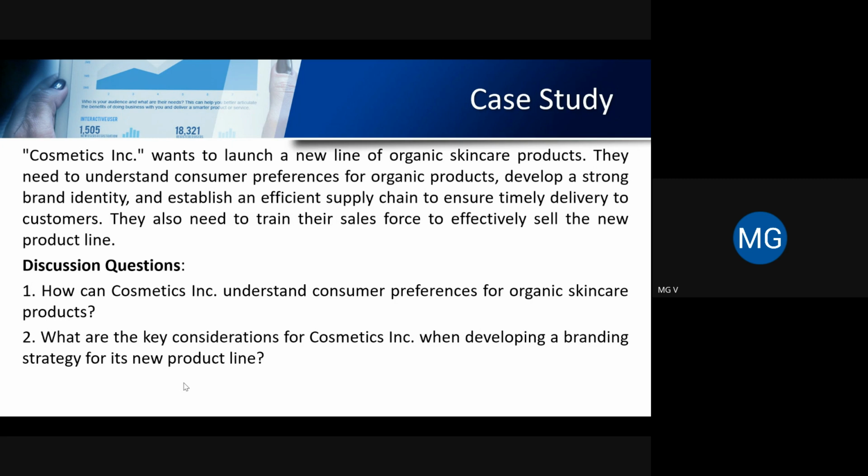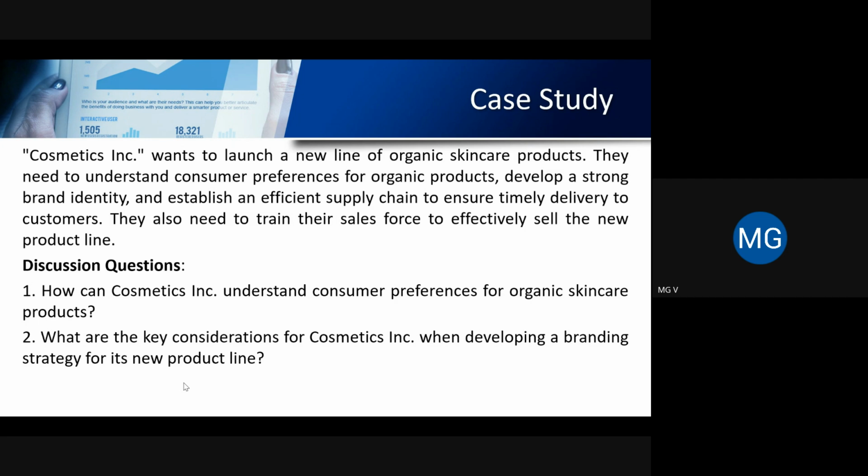Any clue? By building a strong brand identity, okay. What else? Understanding consumer preferences. This is the question: how to understand the preferences of the consumers? Brand building comes later on. This is related to which part?